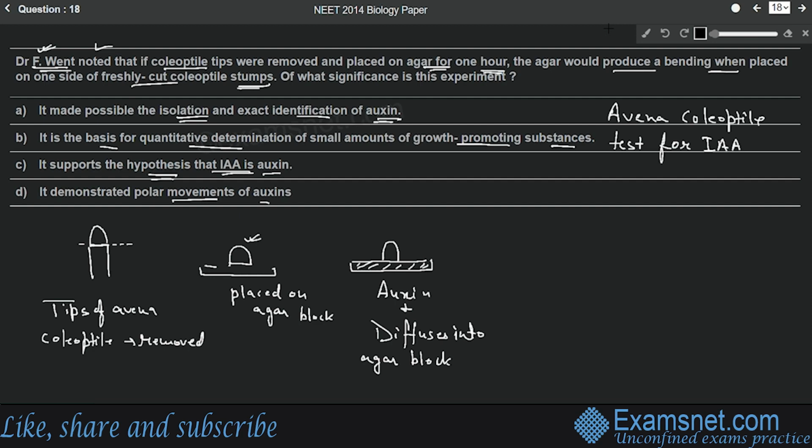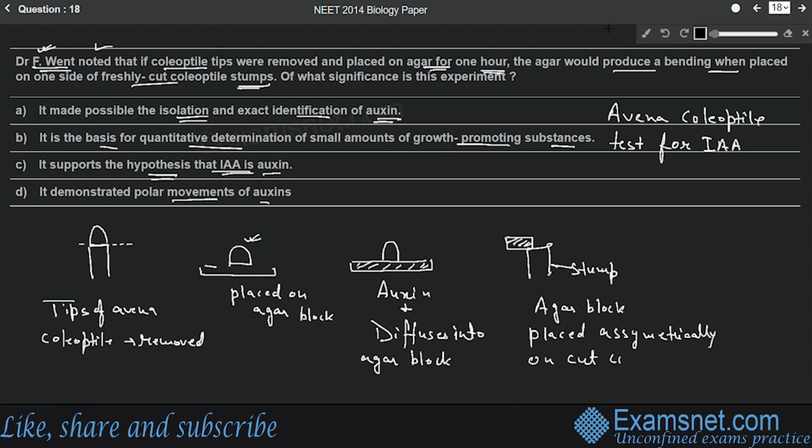Now this agar was kept on the remaining part of the Avena coleoptile, that is the stump part. The tip was removed, this is the stump part. Here the agar block was placed asymmetrically on one side of the cut coleoptile stump.